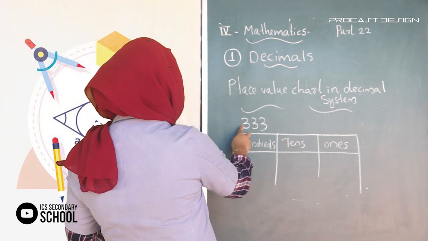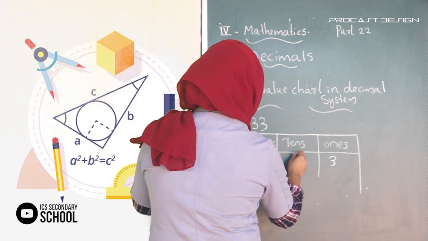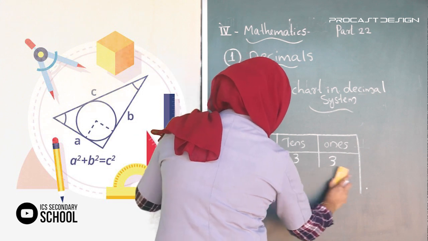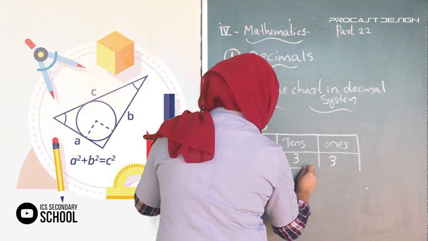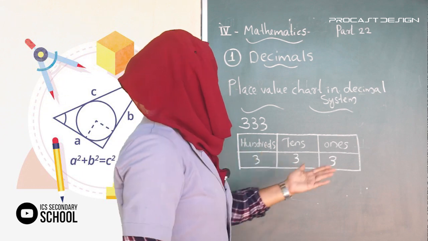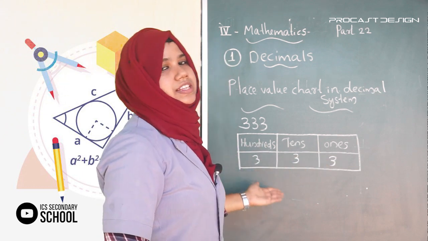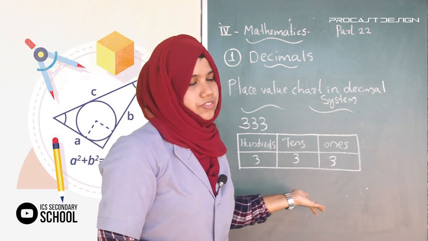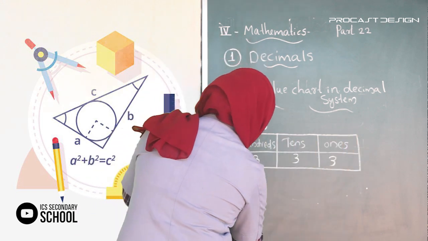Ones place, tens place, hundreds place. 3 ones, 3 tens, 3 hundreds. This is the place value chart of this number. The value increases to the left side. Next, I will write another number.